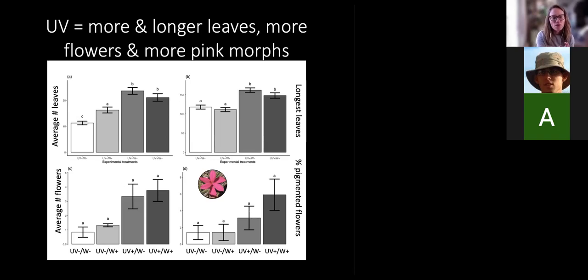But in the lower right-hand side of your screen, you can see that there is a trend between the bar graphs. And so the white and the light gray are where UV is absent. And then the light gray, the slightly darker gray and the dark gray is where there is UV applied to these plants. And so there tended to be more growth under UV conditions.